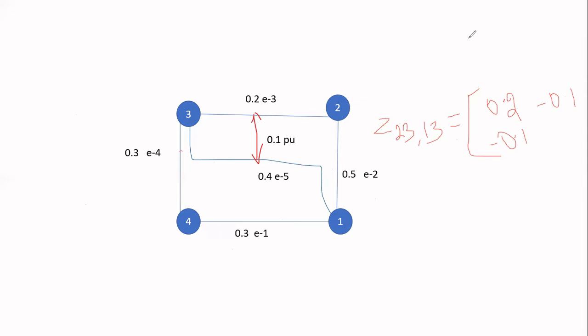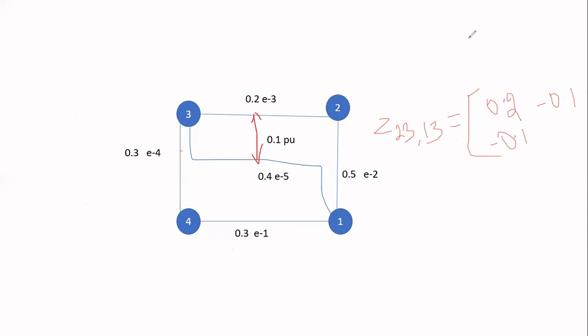Next, we calculate the ZLL value. How will we calculate that ZLL? Similarly, we substitute the values in the ZLL equation. That is mutual impedance, therefore self impedance, that is ZLL.